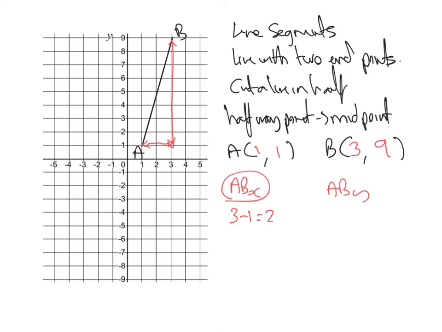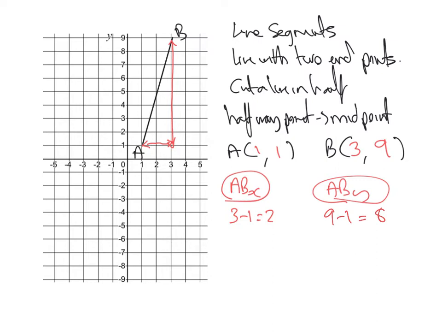So AB in its x aspect is 2 long, and for AB y, which is this bit, it's 9 take away 1, which equals 8. So AB in its x aspect is 2 long, and AB y in its y aspect is 8 long.